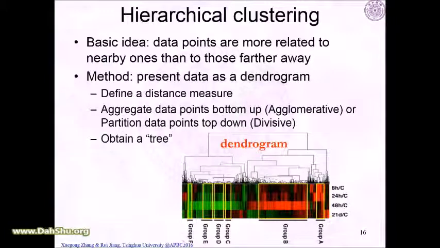The most famous method may be hierarchical clustering, which groups the samples either bottom up or top down, and we get this dendrogram, the clustering tree. The length of the dendrogram represents the dissimilarity between the branches, and we can cut the dendrogram at a certain level to get several discrete clusters.